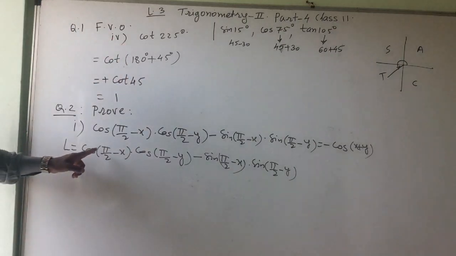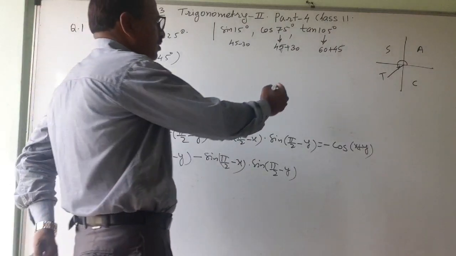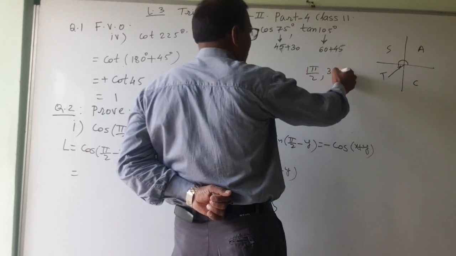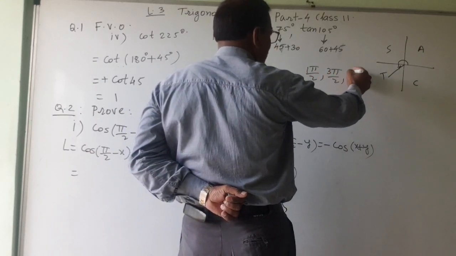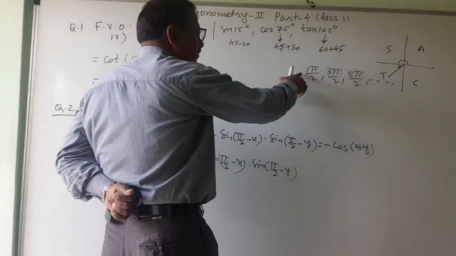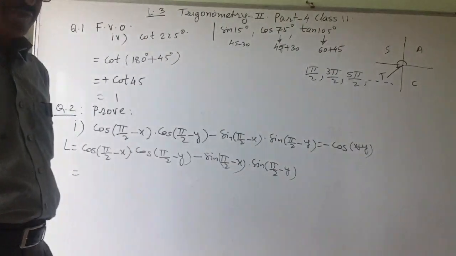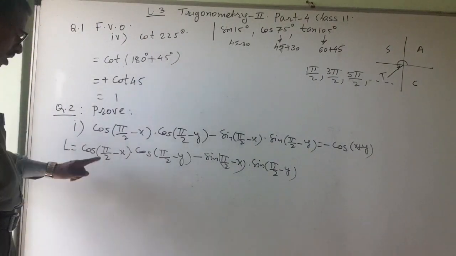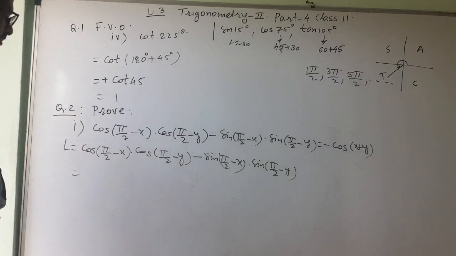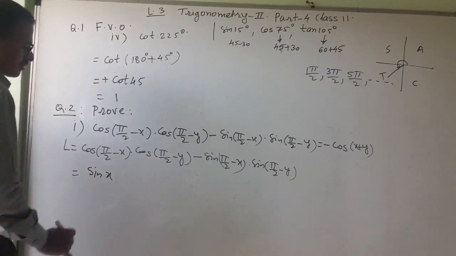Same way, if we add or subtract from pi by 2, which pi by 2? 1 pi by 2, 3 pi by 2, 5 pi by 2, and so on. Means all odd multiples of pi by 2. If I add or subtract from odd multiples of pi by 2, the ratio changes, means cos will become sin.